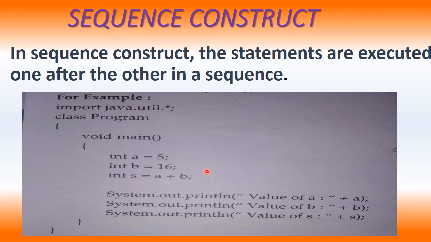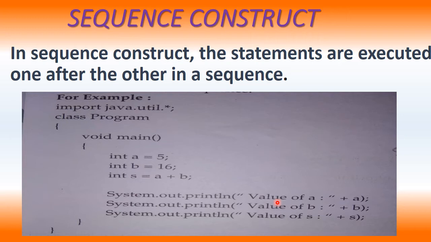Then what will it do? First of all, in this program I will add these two numbers. Then first I will print the value of a, then I will print the value of b, and then I will print the value of s. When we execute this program, first of all it will allocate memory for three integer type variables: a is 5, b is 16, and after the addition of a and b it will store the result in the variable s.